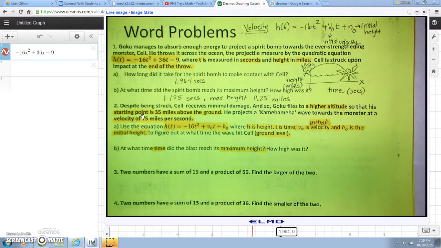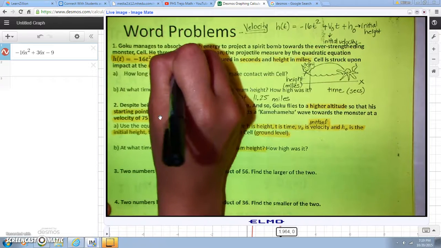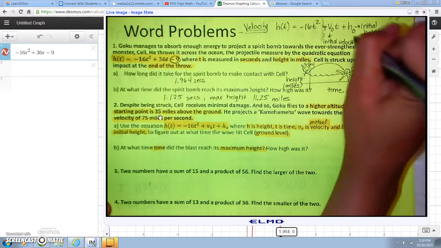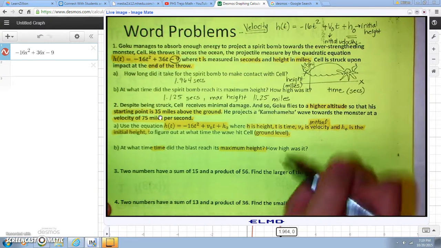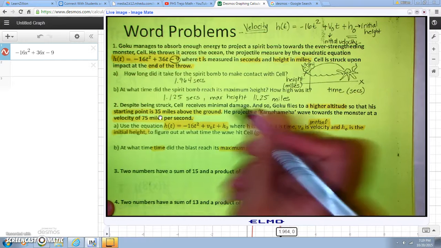It says, despite being struck, Cell receives minimal damage. And so Goku flies to a higher altitude, so his starting point is 35 miles above the ground. So now instead of your initial height being -9, it's now going to change to plus 35.